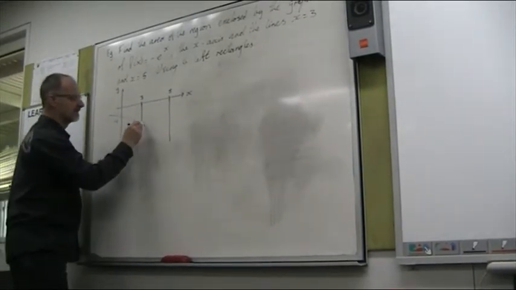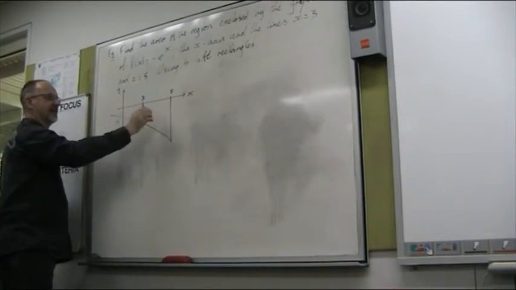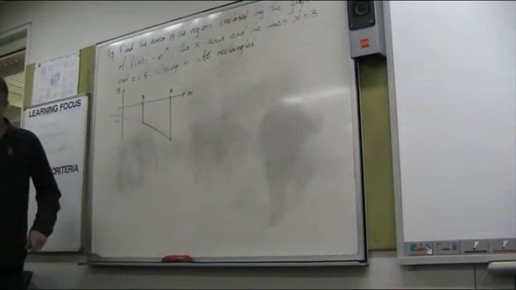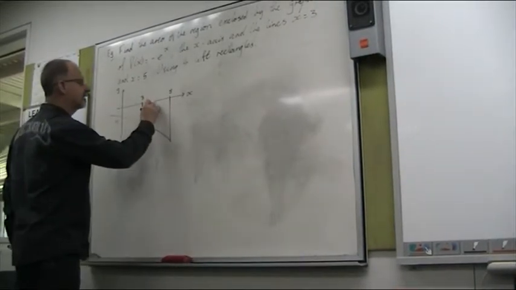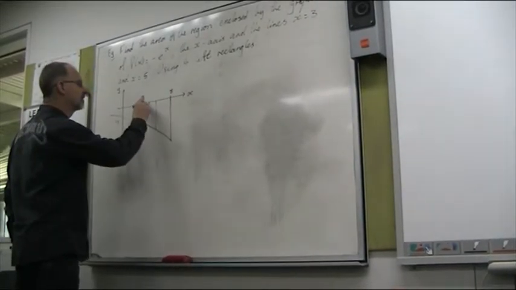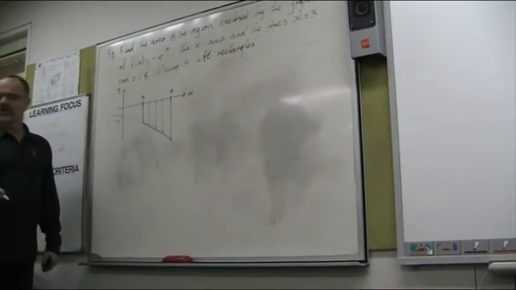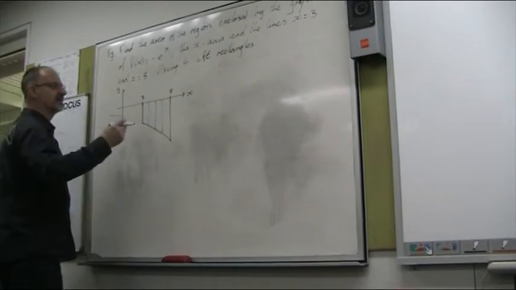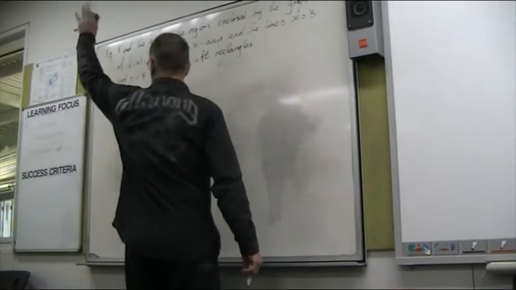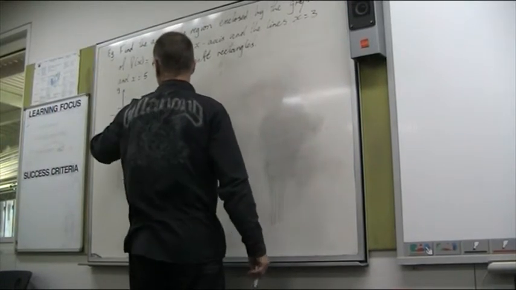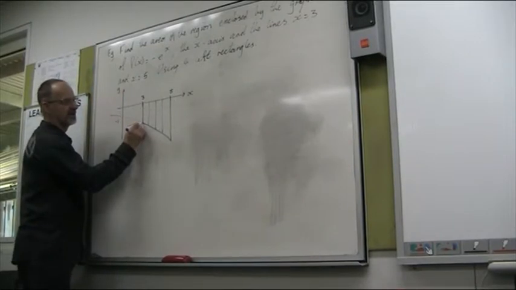So what it means is find out this area. And it says using 4 left rectangles. So if I divide that in half and in half again, there's 4 bits. Left rectangles, so the left-hand edge touches the line.